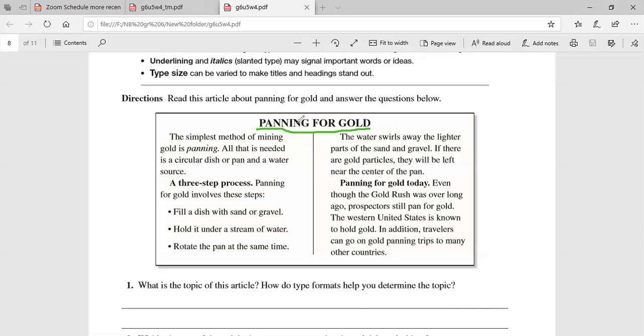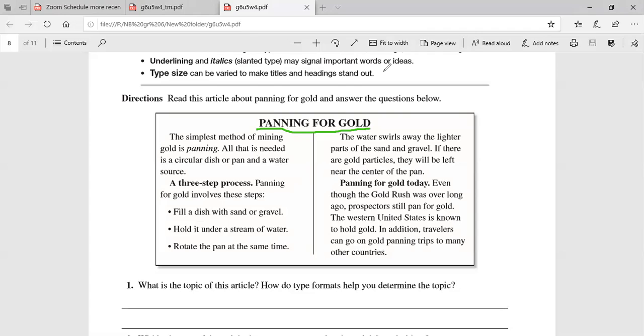Each letter in the topic is capitalized, and that indicates that it is the topic. So, one, it is a large type size. Two, boldface. Three, the words are capitalized. So this helped me to know that this is the topic.